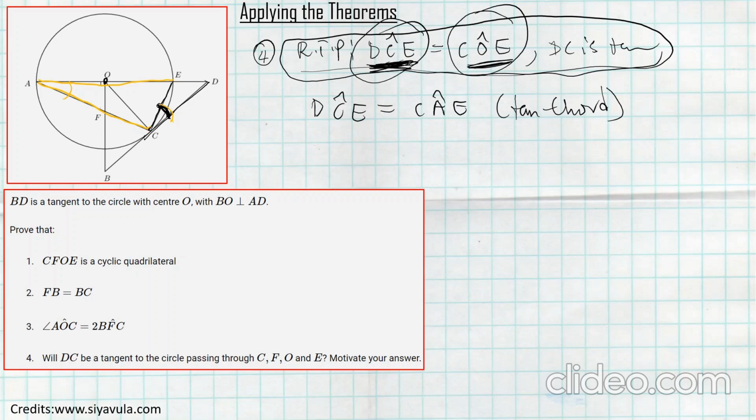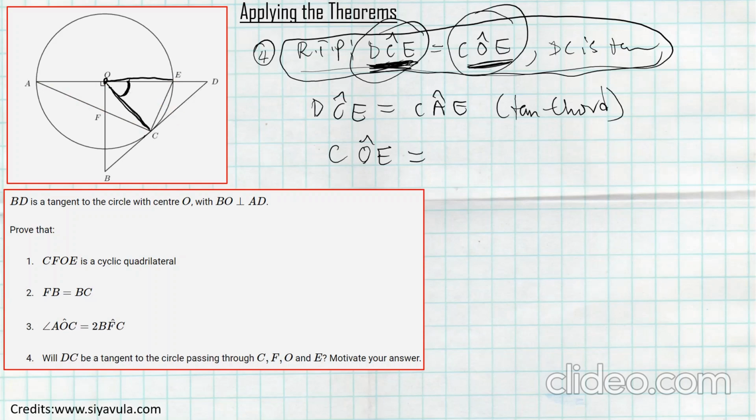Let's now calculate what angle COE is equal to. Let's check. Angle COE is an angle at the center, can you see? We have this angle at the center.